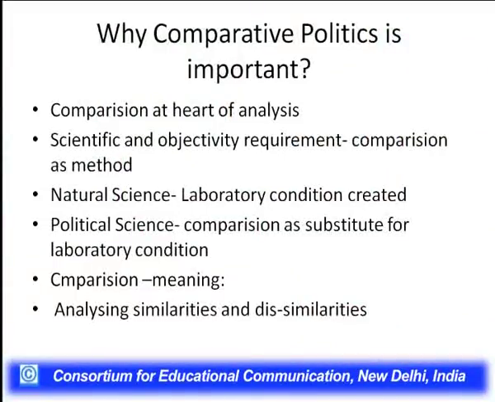But therefore, it is argued that in political science such artificial conditions cannot be manufactured as in natural science. Then what is the option? The option is that political science, and comparative politics as a branch of political science, has to take recourse to comparison as a substitute for laboratory conditions. Because by comparison, meaning is searched by analyzing dissimilarities and similarities.